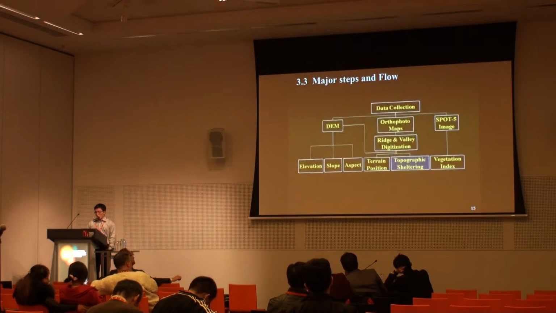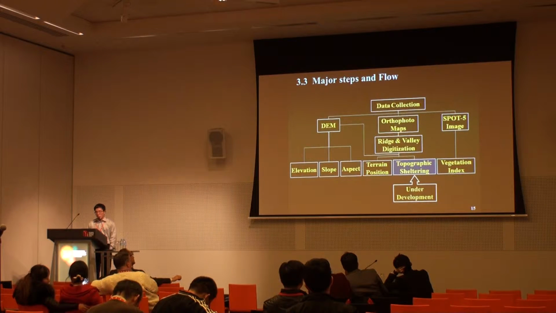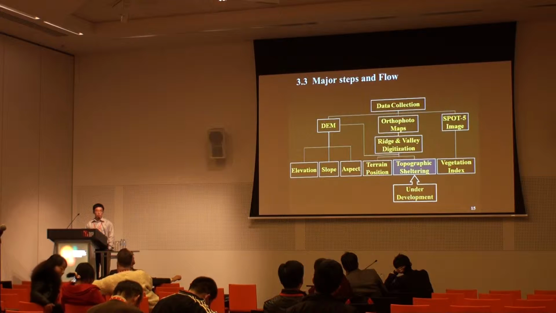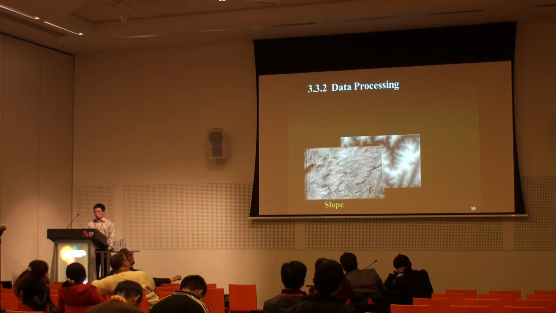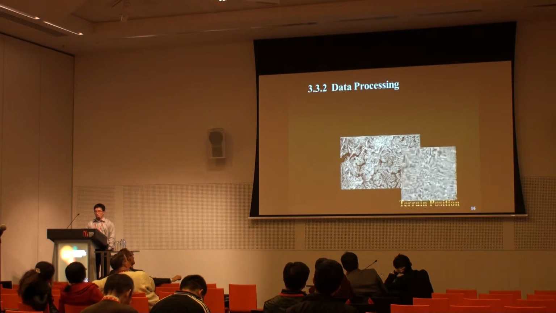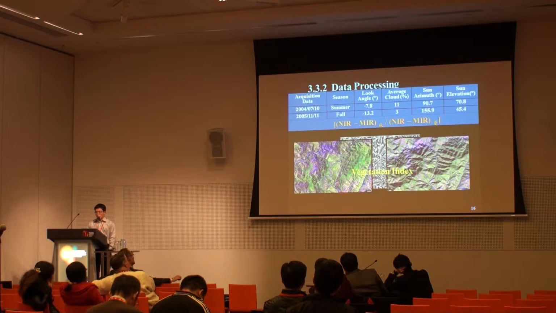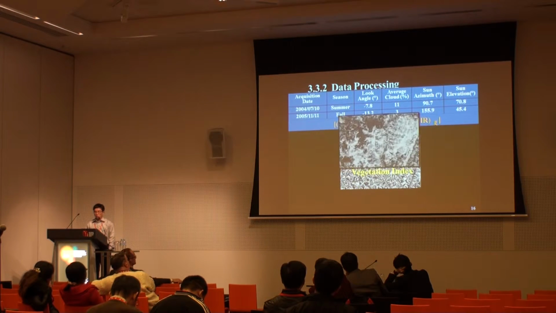And here's our variables, and the blue one, topographic sheltering, is under development, so we won't use this variable in our study. So we use elevation, slope, aspect, terrain position, and vegetation index.